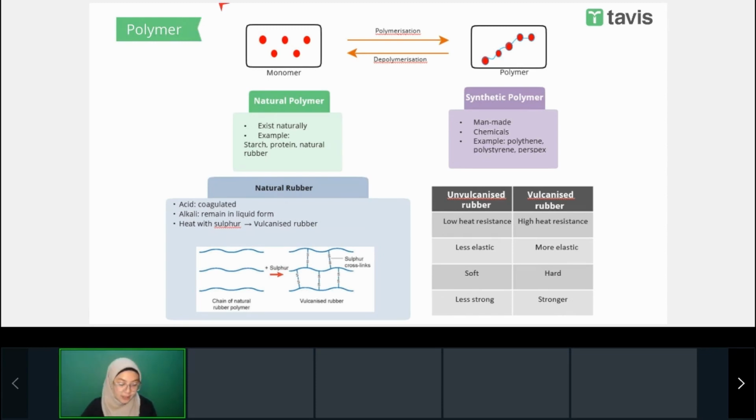Okay, now let's go to the polymer. What should you know about polymer? What is polymer? Define polymer.